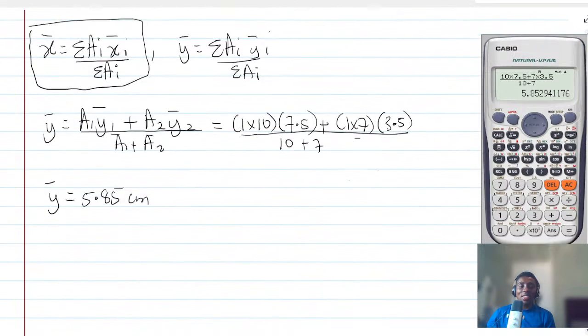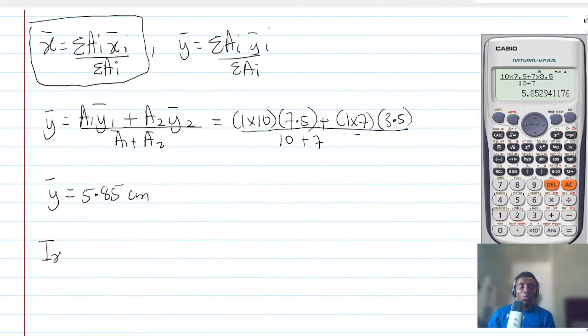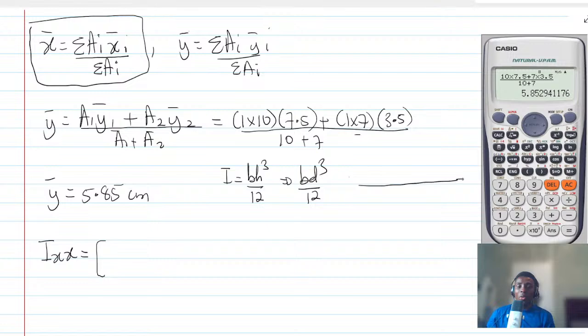So let's calculate ISS and then IYY. Let's start with ISS. For a rectangular cross section, there is a formula which we write as BH cube divided by 12, or BD cube divided by 12. Let's say you have a figure like this.